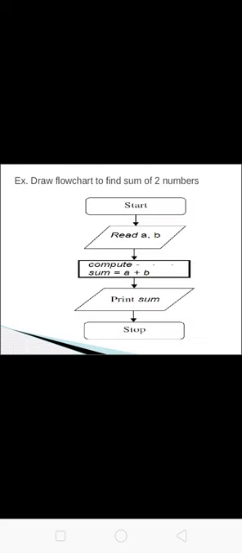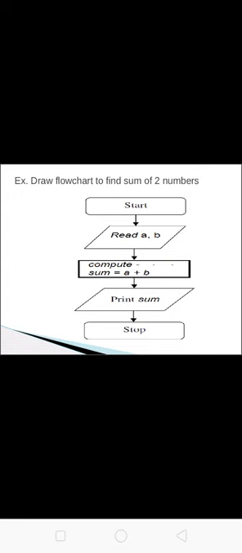This is the simple flowchart used to find the sum of two numbers. First, we draw the oval symbol. Oval is used for starting and stopping of the program. That is, first one is start. Next, arrow mark.